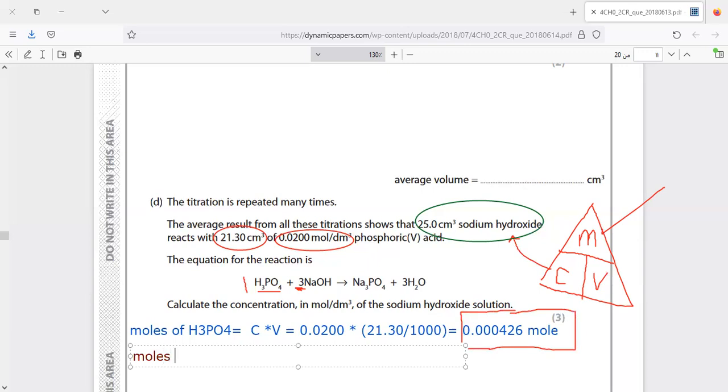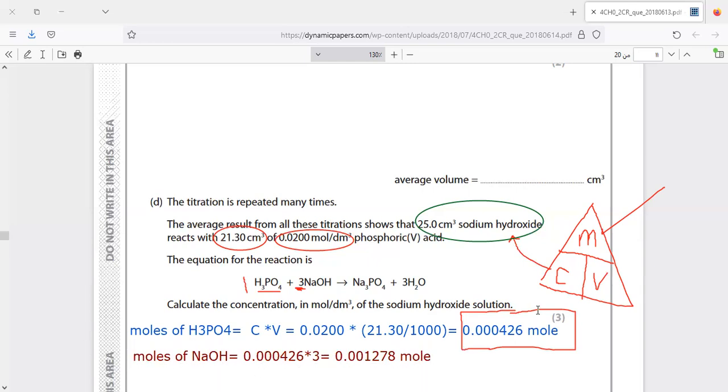So moles of sodium hydroxide, from the mole ratio, is 3 times that of phosphoric acid. 0.000426 multiplied by 3 equals 0.001278 mole. Now I have the number of moles of sodium hydroxide.